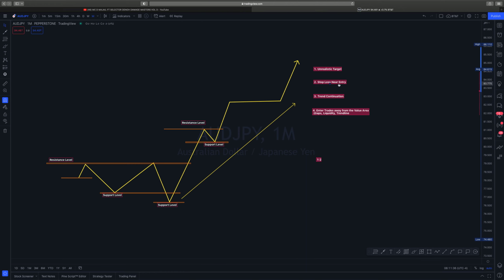Number two, another mistake that traders who use price action make is they love putting their stop losses near the entry. I'll give you a good example. So let's look at this trade here.